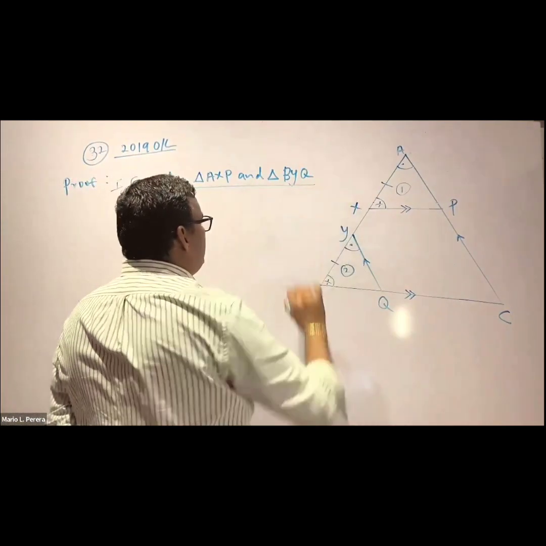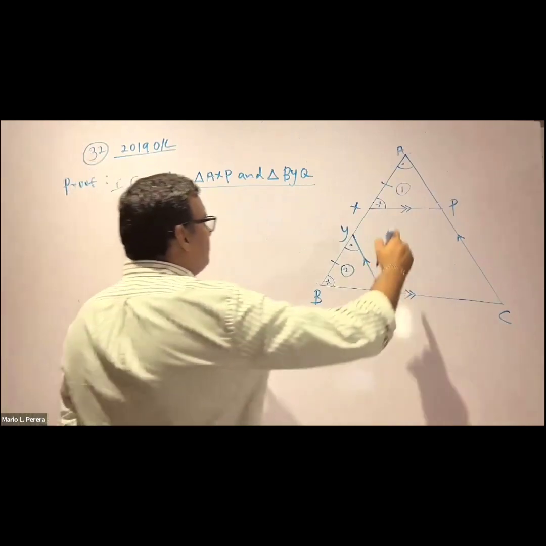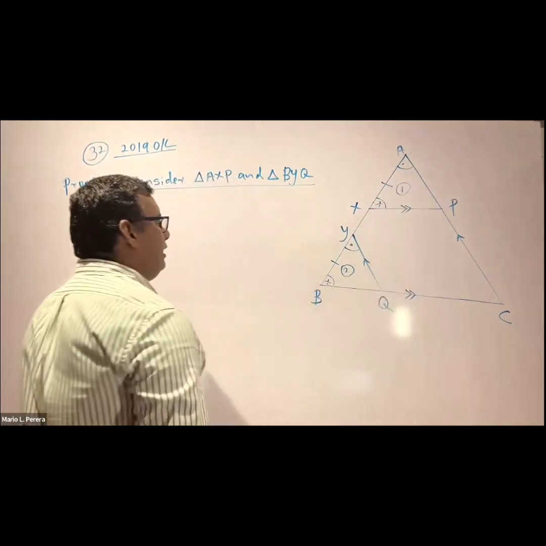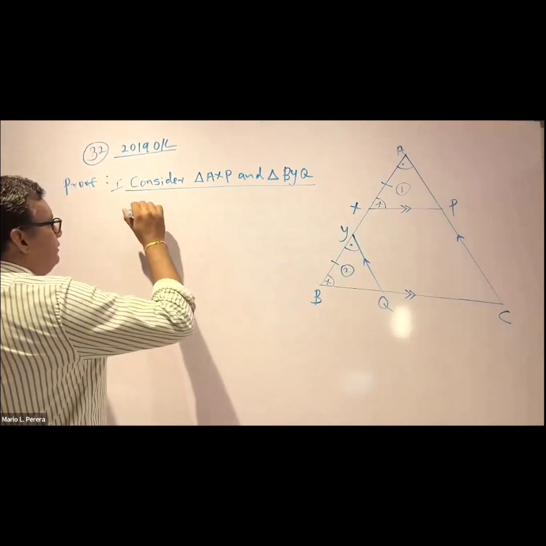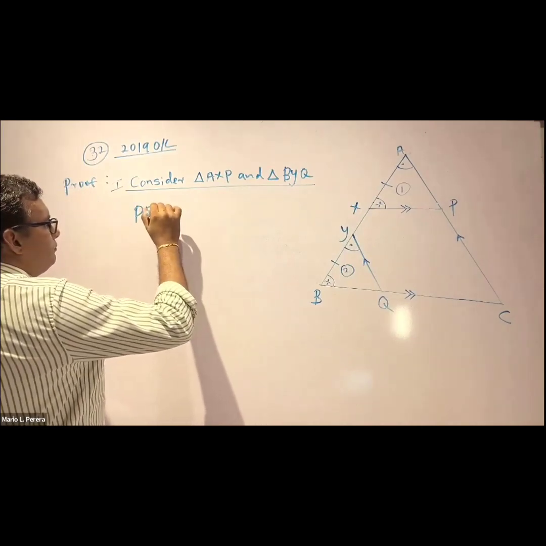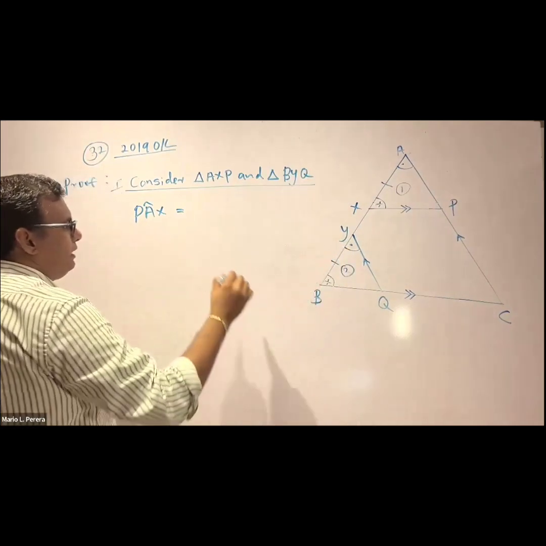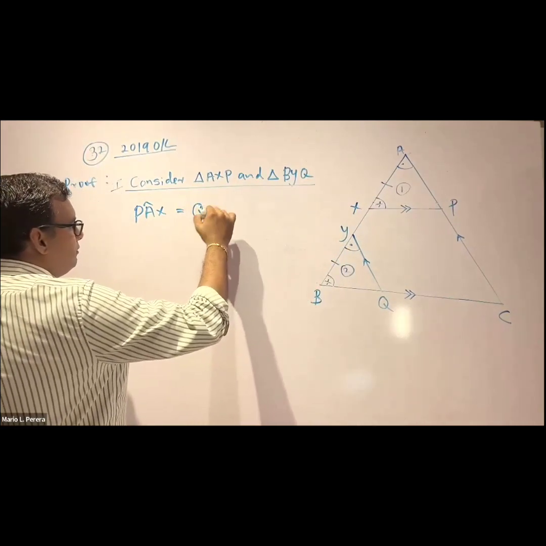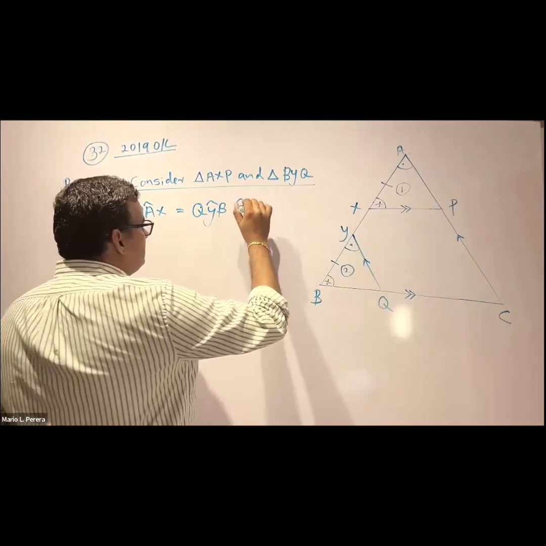So if you are going to use AAS, we have to write that order, angle first. You always write the number 1 triangle up first. So I'm going to say PAX angle equals this one, QYB angle. Reason you can say corresponding angle, F shape.